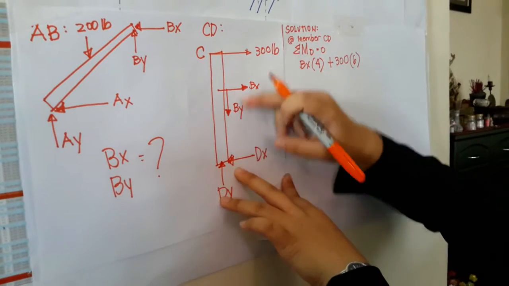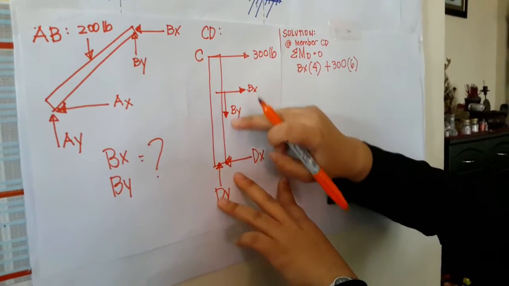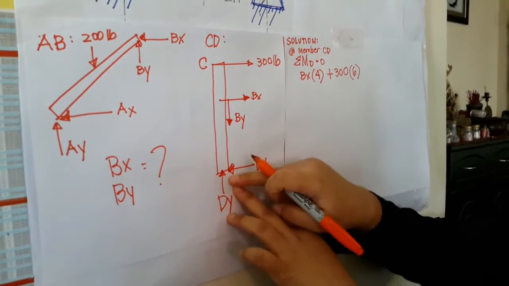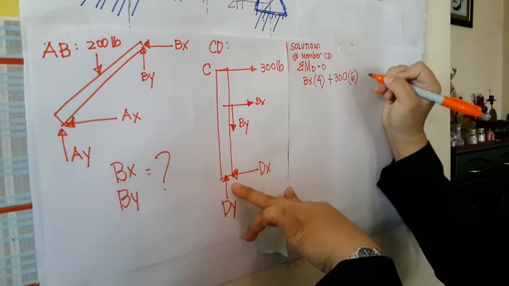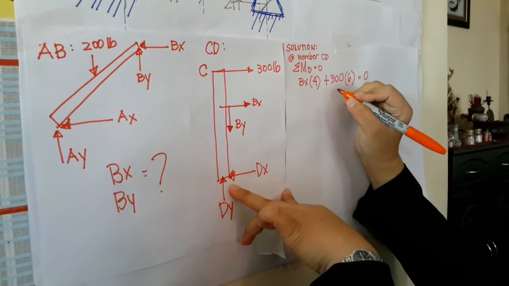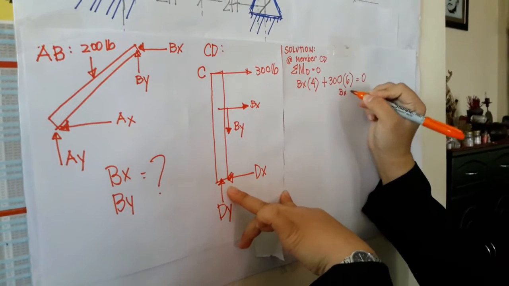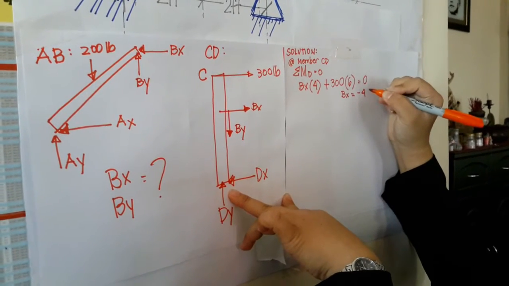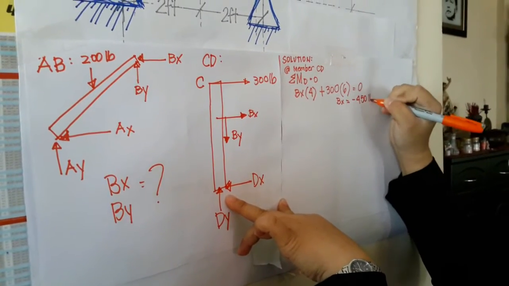The force By is disregarded because it passes through point D, so its moment is 0. So we get Bx as negative 450 pounds.